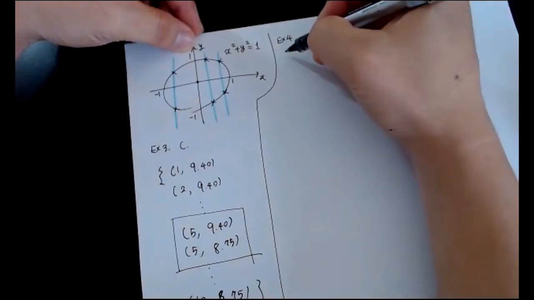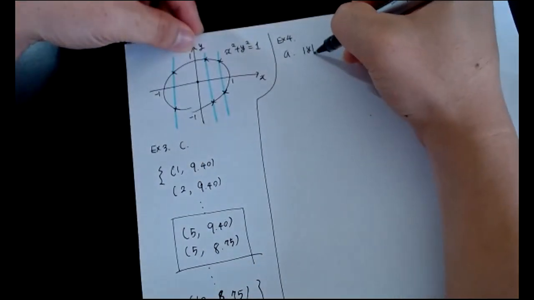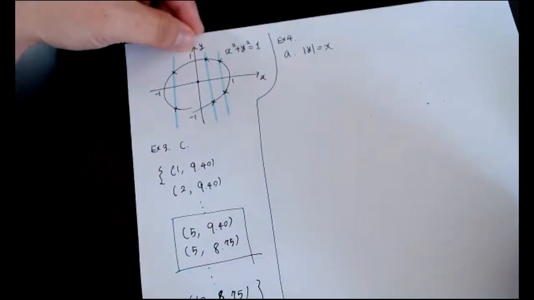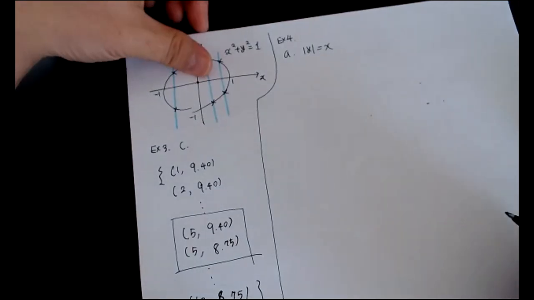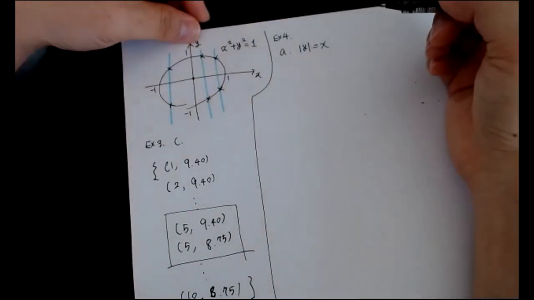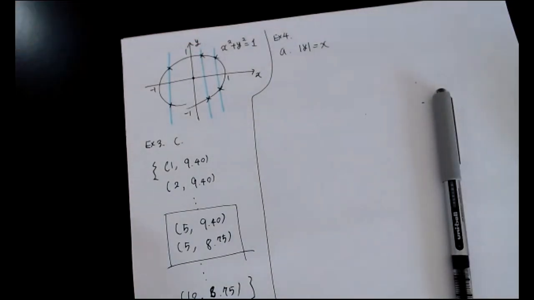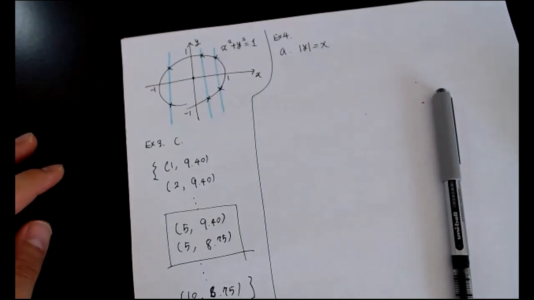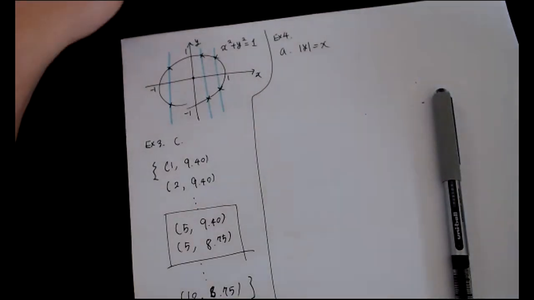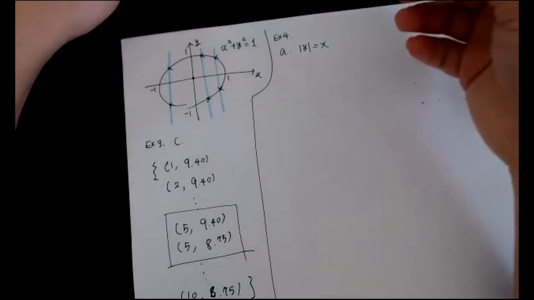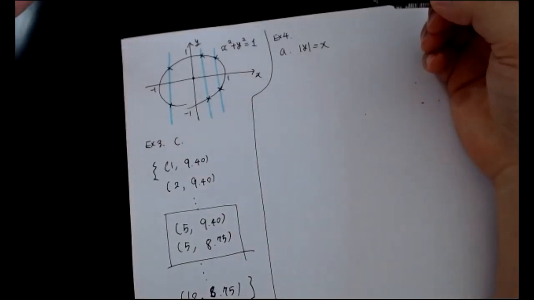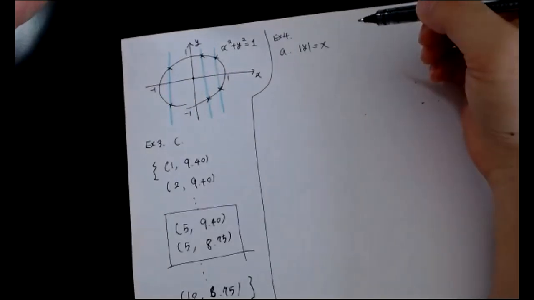So example 4, A: absolute value of y is equal to x. Let's just plug in a simple number into either x or y.